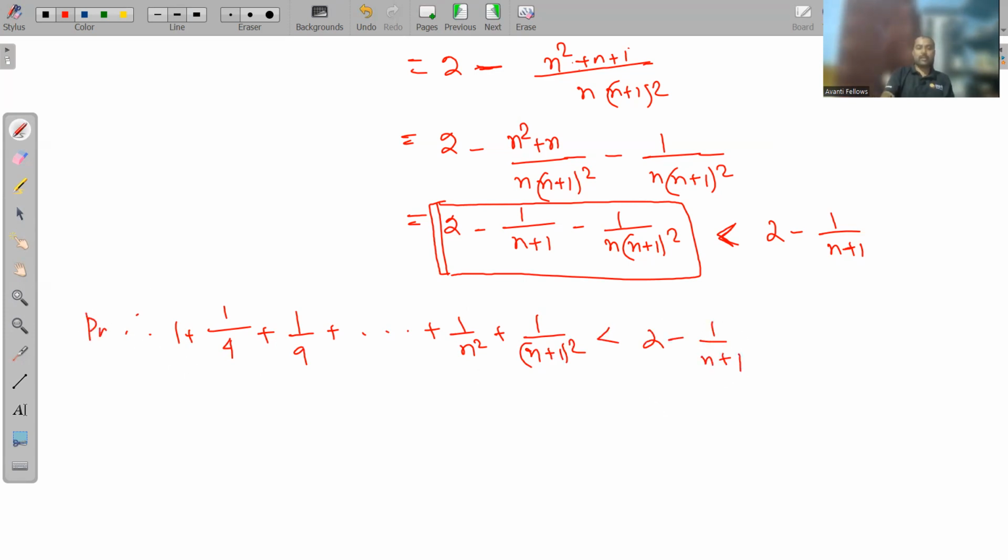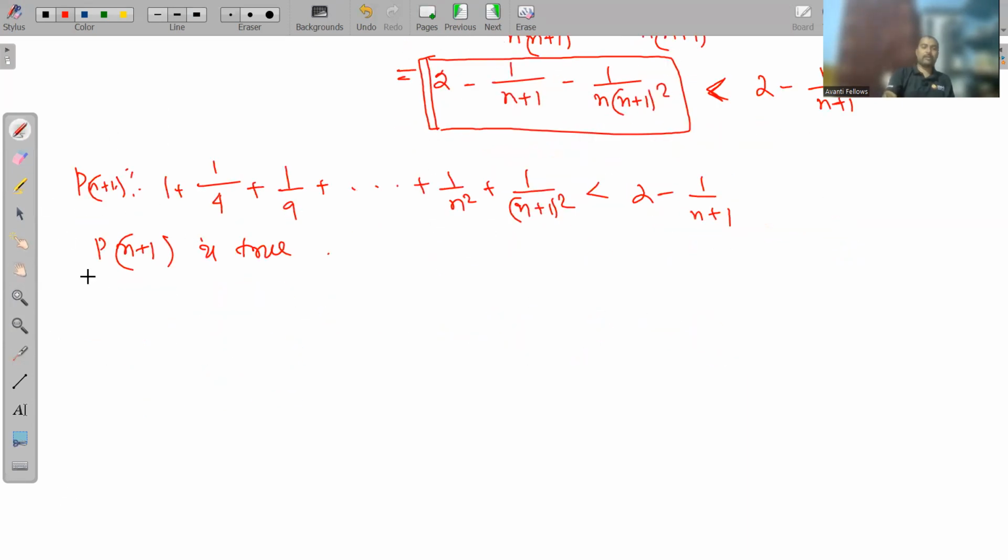Then we can say here the left hand side becomes less than right hand side. So P of n plus 1 is true. Okay, so I'm getting P of n plus 1 is true. So hence we can say this, P of n is true for n greater than 1 when n belongs to the set of natural numbers.